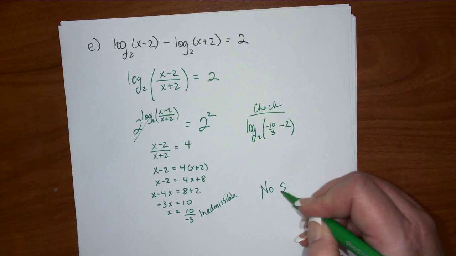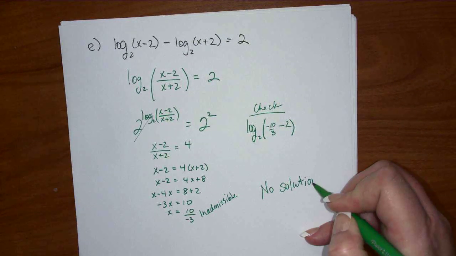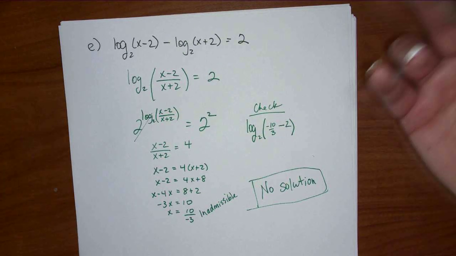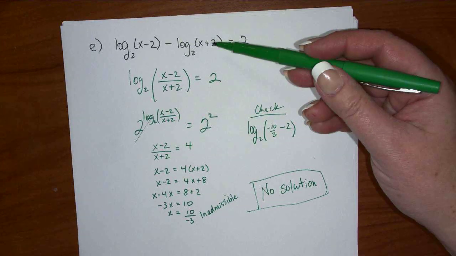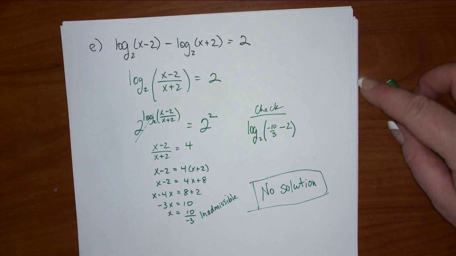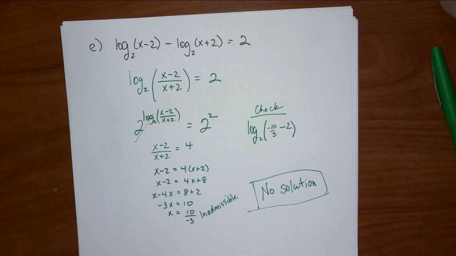I don't need to check further, because this is negative, we can't have a negative. It doesn't matter what happens here, it already won't work in part of it. So do make sure you check your answers.